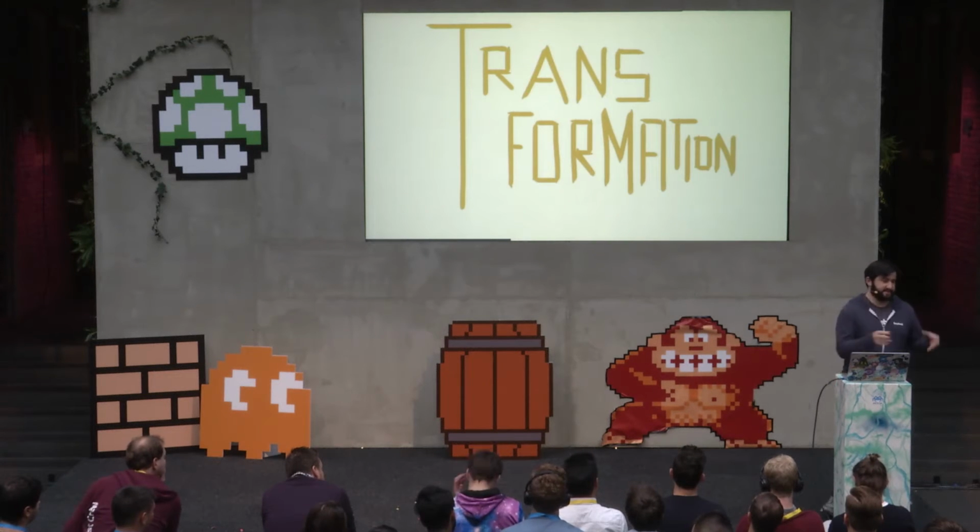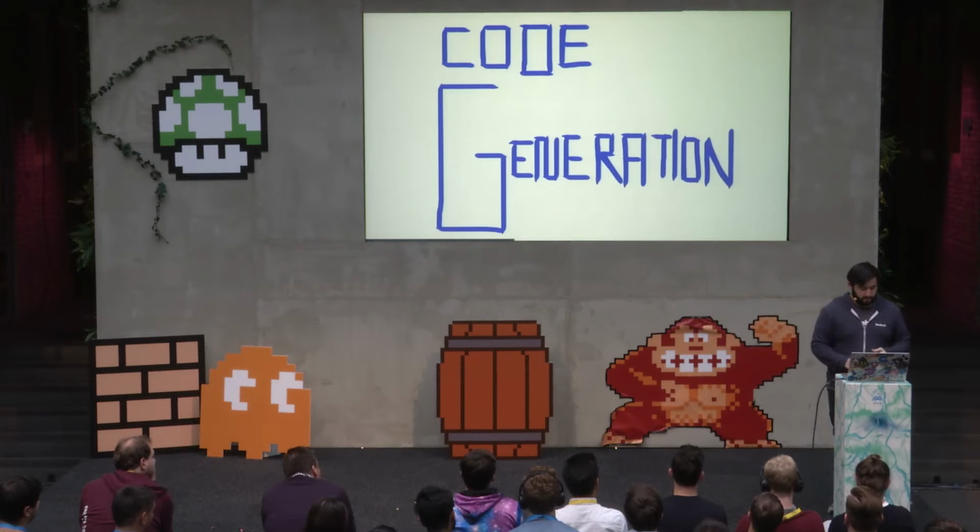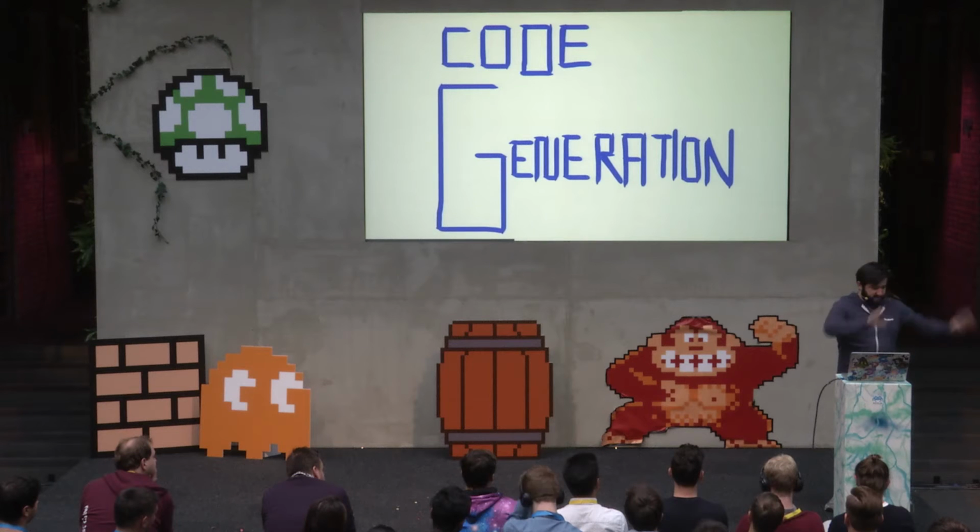Transformation is taking this abstract representation and manipulating it to do whatever the compiler wants it to. Code generation takes the transformed representation of code and then turns it into new code. So we can go from this really abstract thing to a string of actual code that we can use.